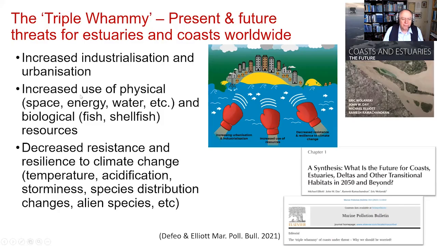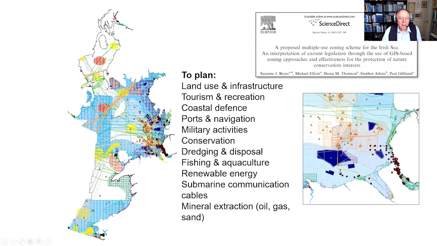They all suffer from the increased use of resources, whether they are physical resources like space, energy or water, or biological resources like fish and shellfish. So we've got an increased use of these. And then the other one is a decreased resistance and resilience to climate change, these wider pressures. So we came to the conclusion all of these coasts are subject to this. And now you start seeing where the land is influencing these.